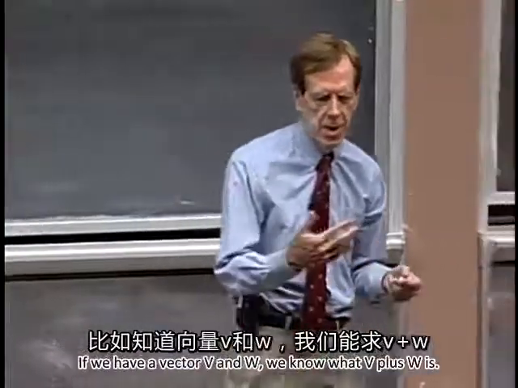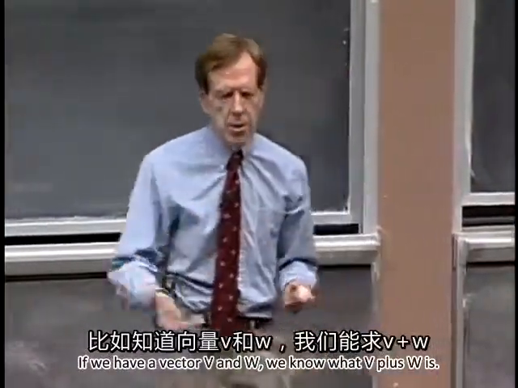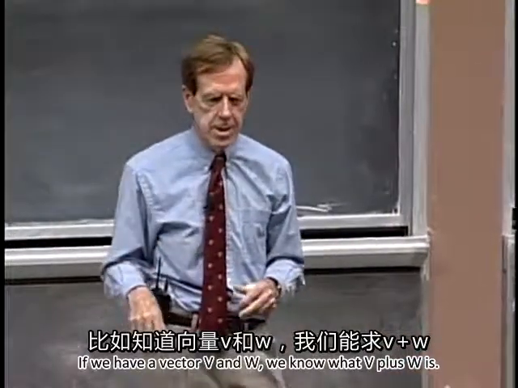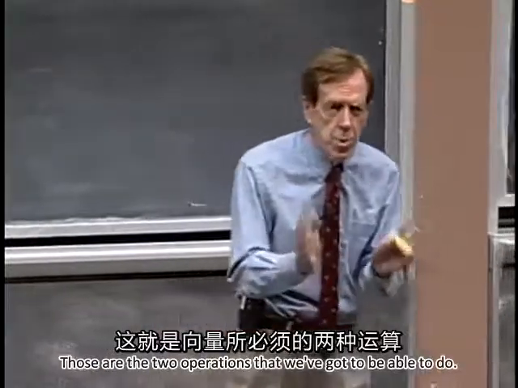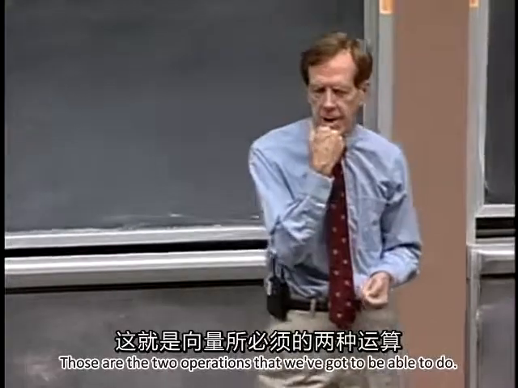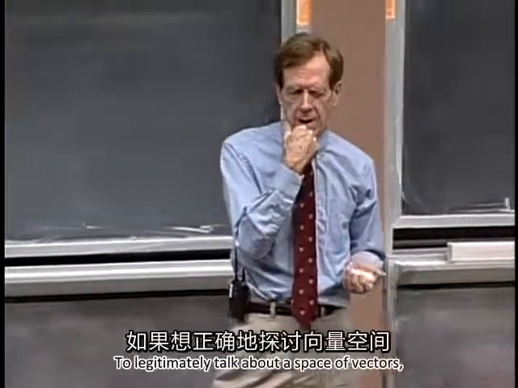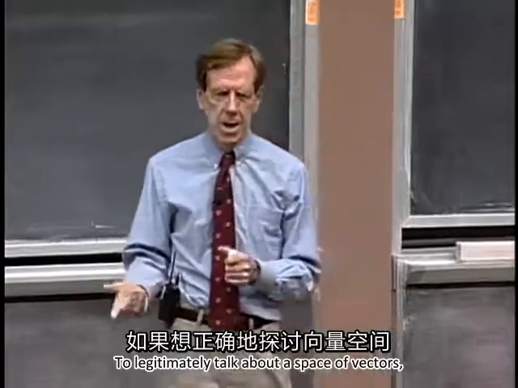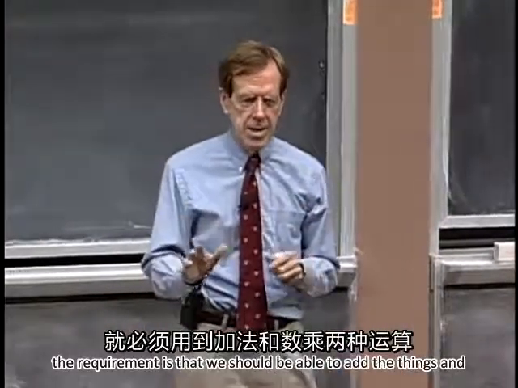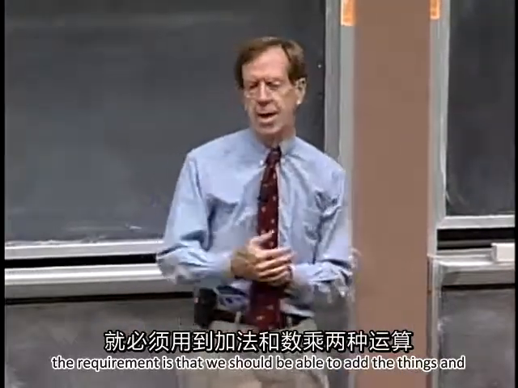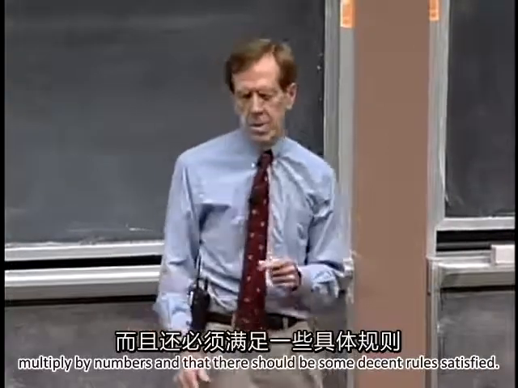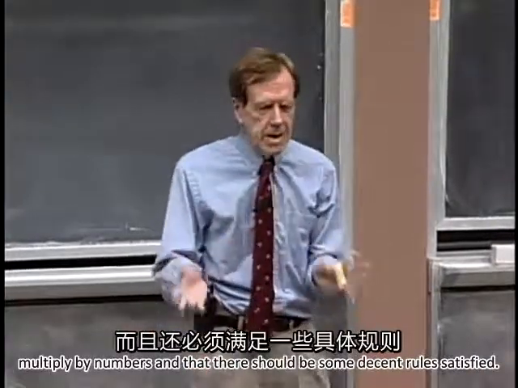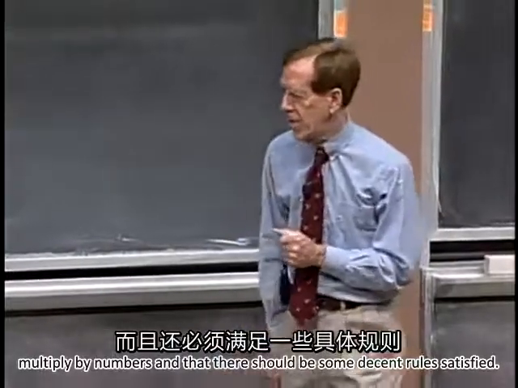If we have a vector v and w, we know what v plus w is. Those are the two operations that we've got to be able to do. To legitimately talk about a space of vectors, the requirement is that we should be able to add the things and multiply by numbers, and that there should be some decent rules satisfied.